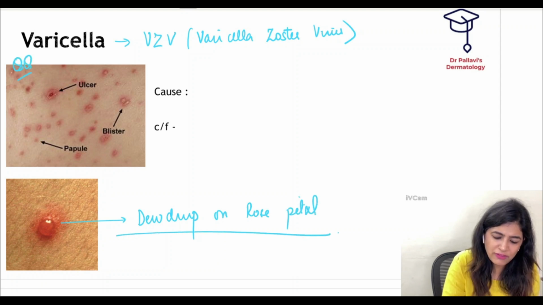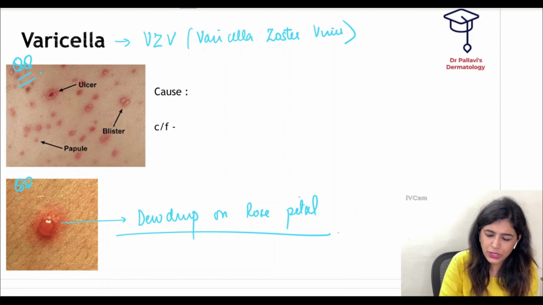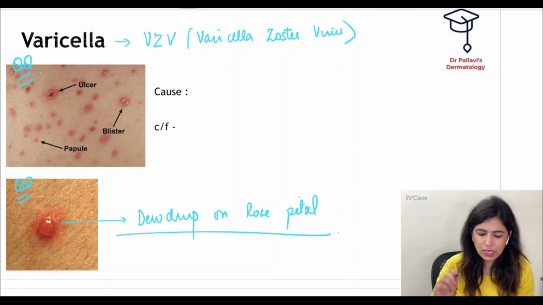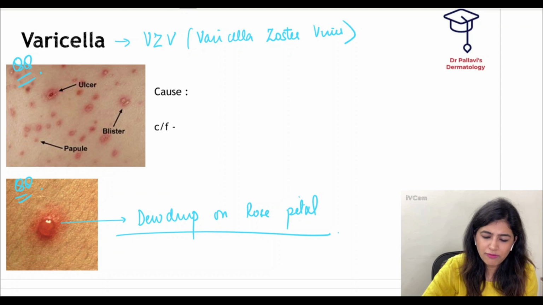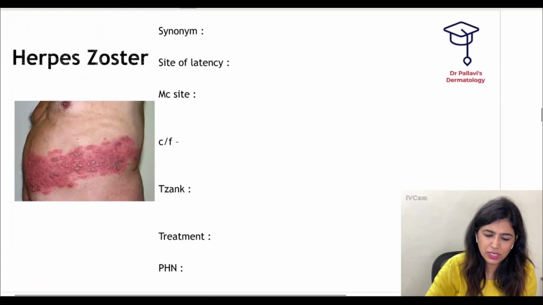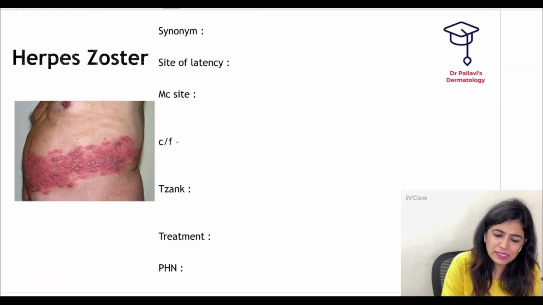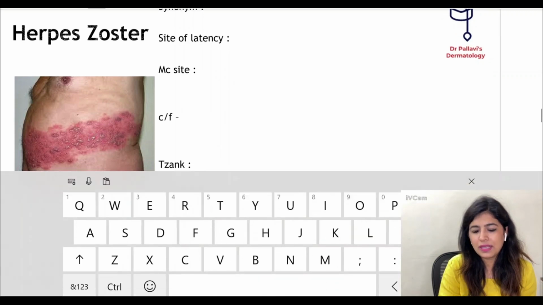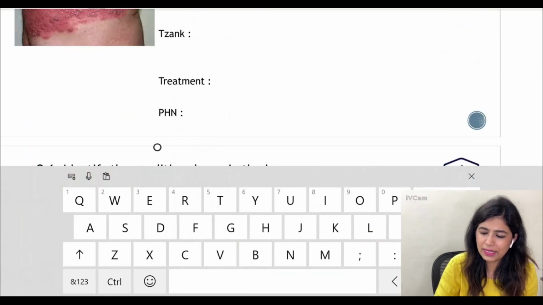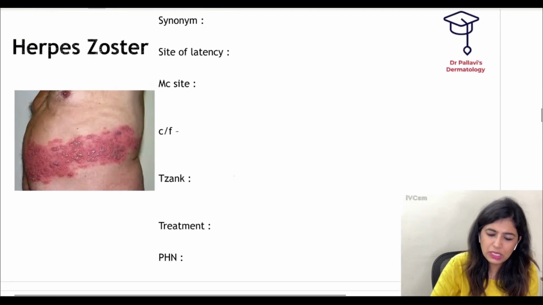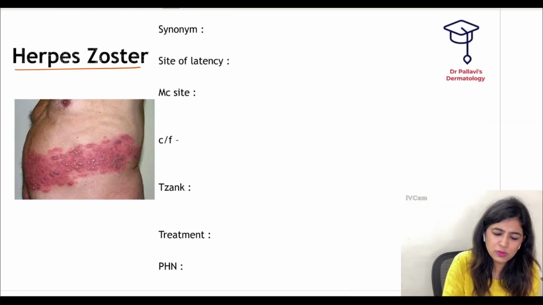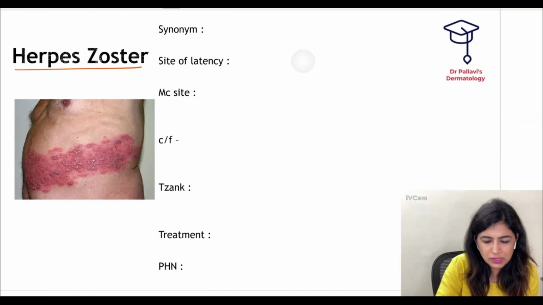One is the pleomorphic and two, dewdrop on the rose petal. That's classic of varicella, also called chickenpox. When this virus lies latent in the body, it can get reactivated at times when you have poor immunity. When it gets reactivated, it leads to a disease called herpes zoster, also known as shingles.